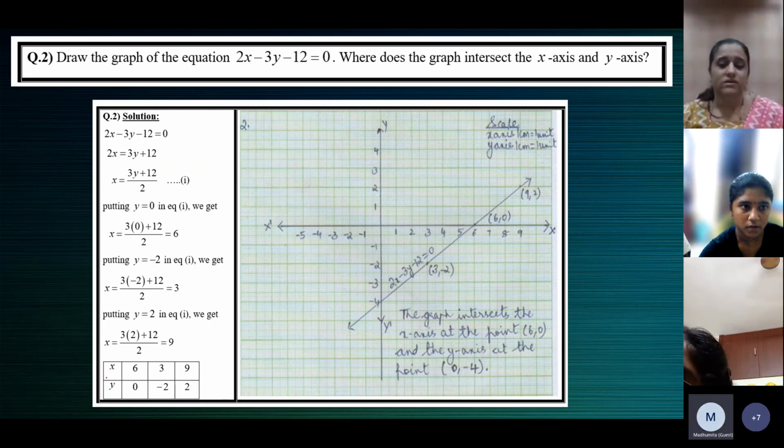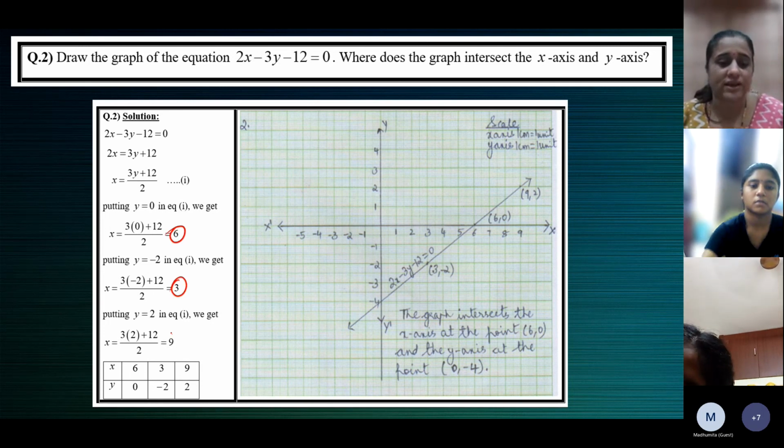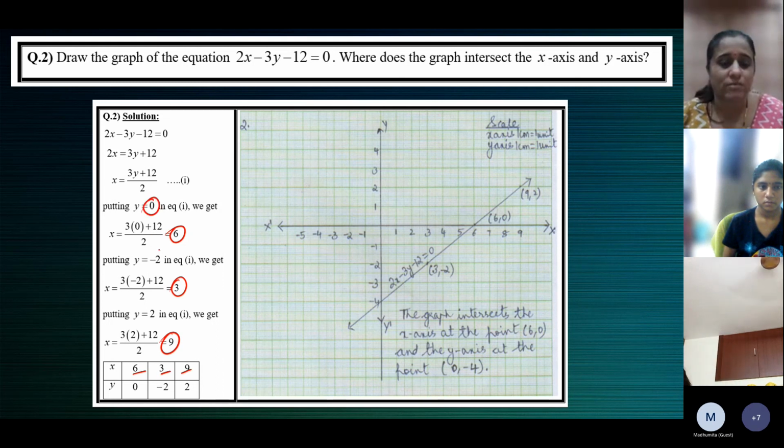Fill the values carefully, children. Sometimes against x we'll write the y values and against y we'll write the x values by mistake. Don't make that mistake. So 6, 3 and 9 are the x values. 0, minus 2 and 2 are the y values.